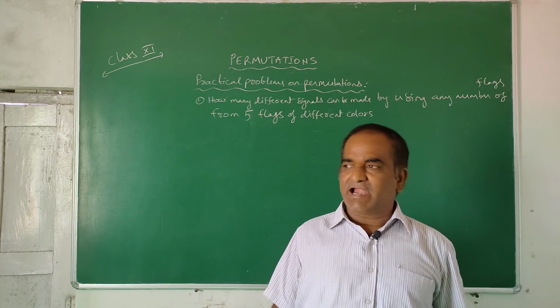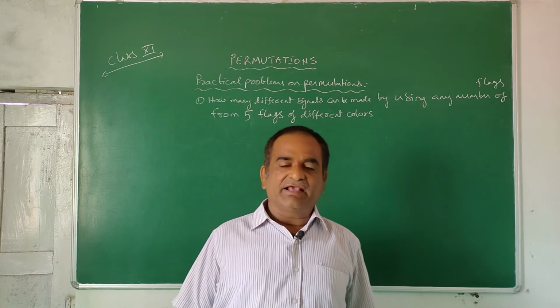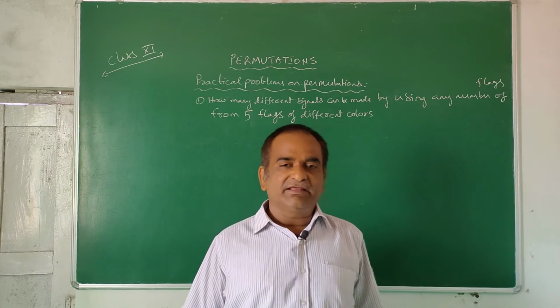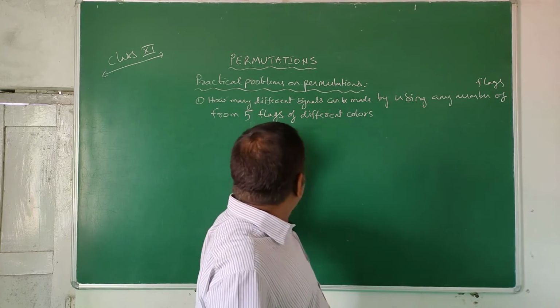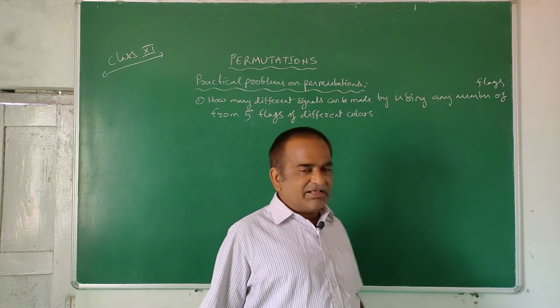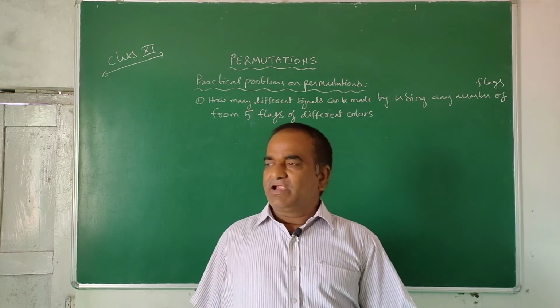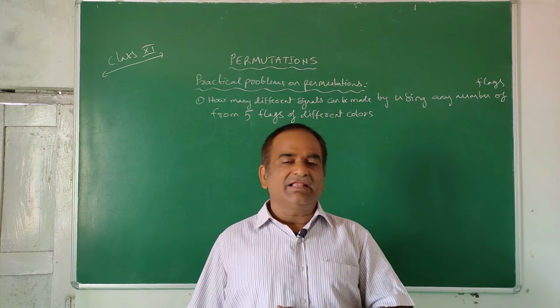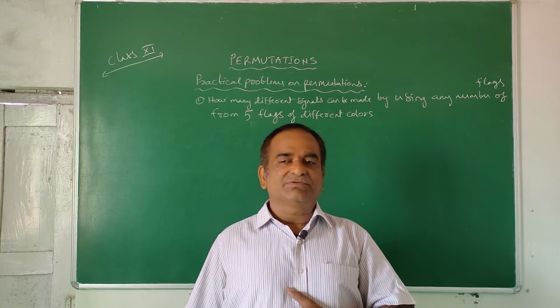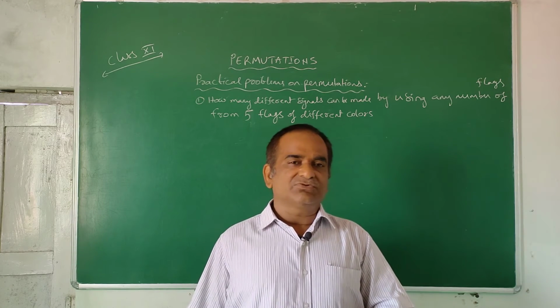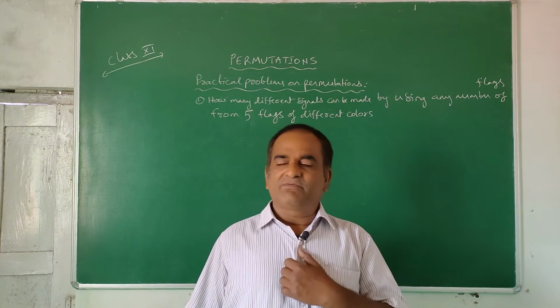Please understand. There we are using exactly 5 flags from 8. Here from 5 flags you can use any number of flags, but to make a signal, at least one flag has to be chosen. Without choosing a flag, you cannot form a signal.